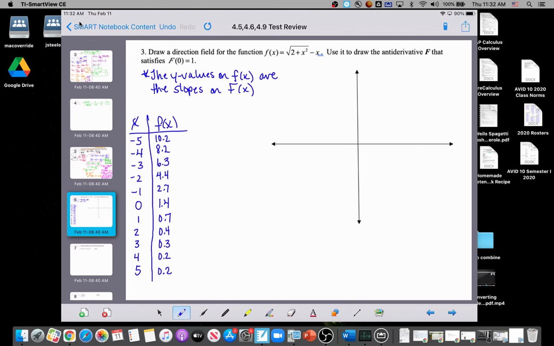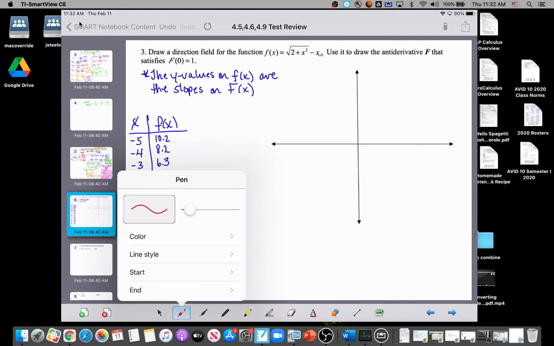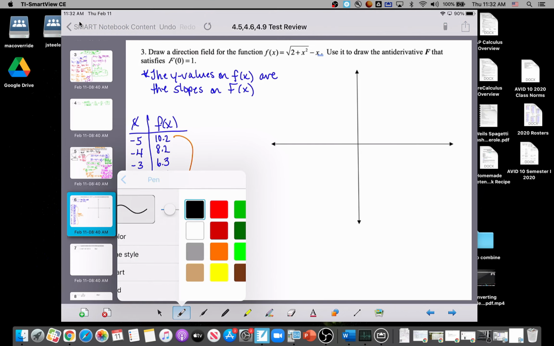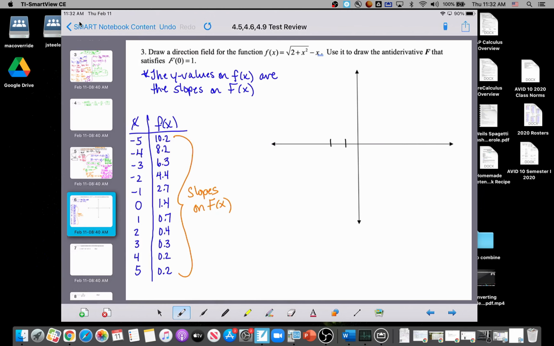So now I am going to use these f of x values, because remember, these f of x values are the slopes on my antiderivative function, capital F of x. So I'm going to put some tick marks here on my axes: -1, -2, -3, -4, -5.